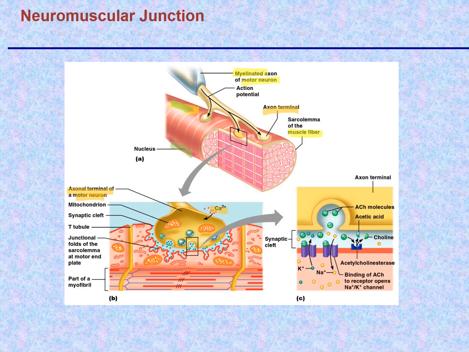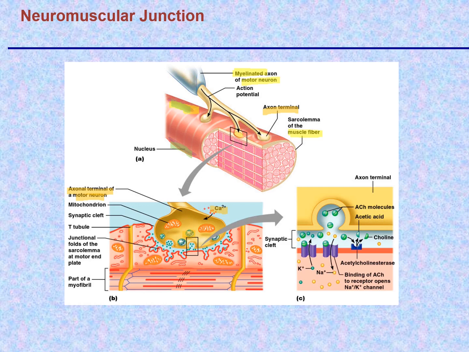The vesicles, shown here in green, these round green synaptic vesicles that contain the neurotransmitter acetylcholine, with that influx of calcium are able to move to the presynaptic membrane of the axon, fuse with it, and release their contents, acetylcholine.